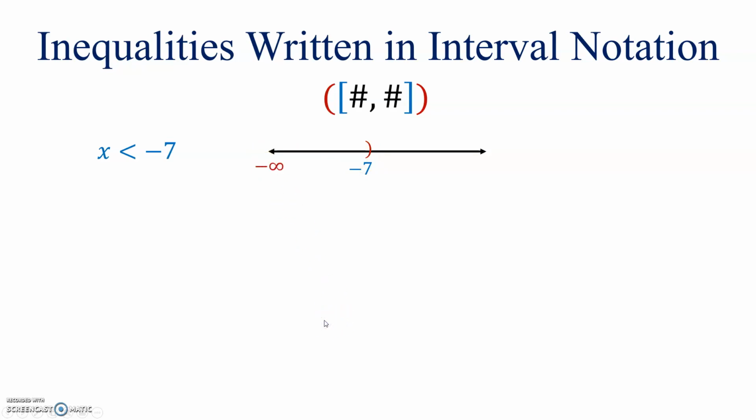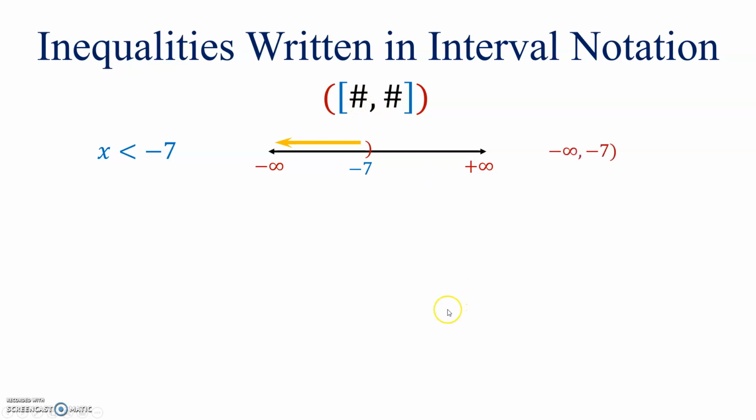The deal is that in order to have the format of this interval notation, we need two values. So we input the two standard values on a number line, -infinity and +infinity. Here we can see that we would have shaded to the left and we would have included -infinity. So now we begin to see where the two values will come from in order to write an interval notation.